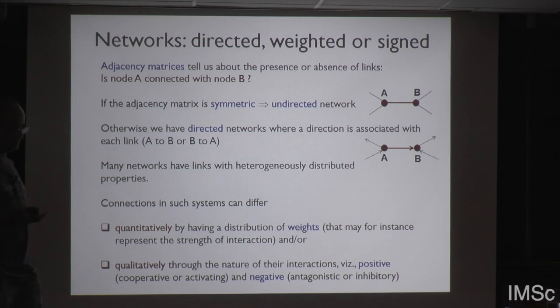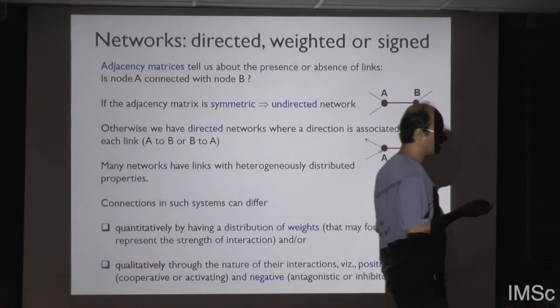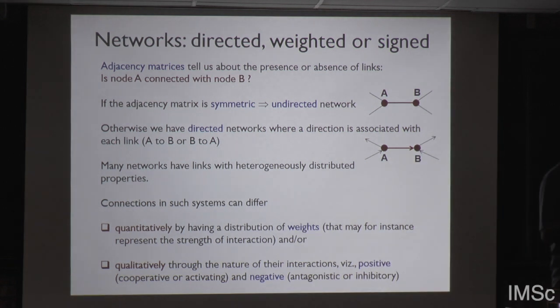Now in biology this is often very important, because you could, for example, have a neural network where a neuron could have either an excitatory or an inhibitory interaction with another neuron. It's excitatory when, if a neuron fires, it makes it more likely that the neurons it connects to will also fire, whereas it's inhibitory when, if it fires, it makes it less likely that the neurons with which it is connected will fire.